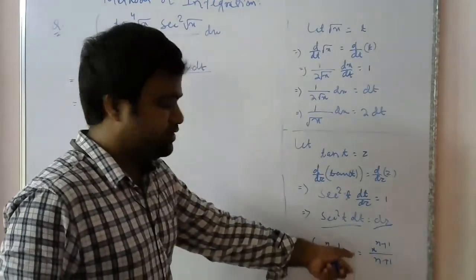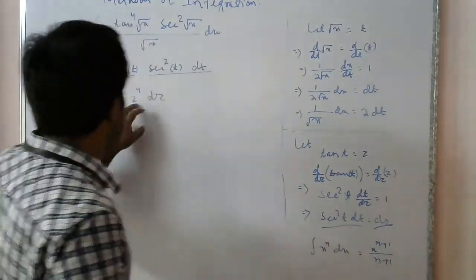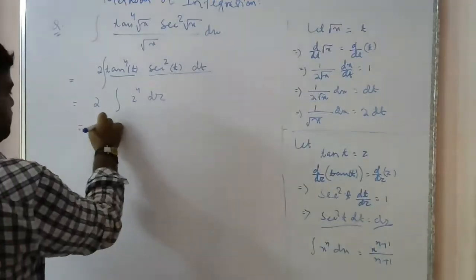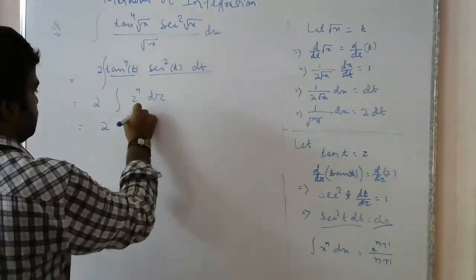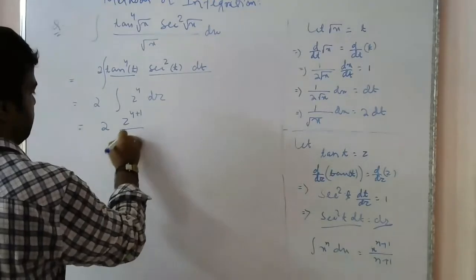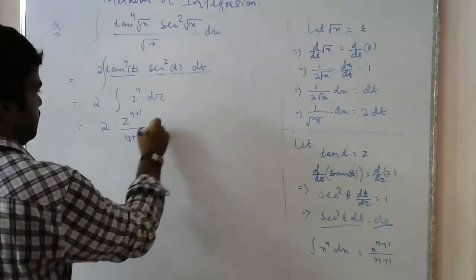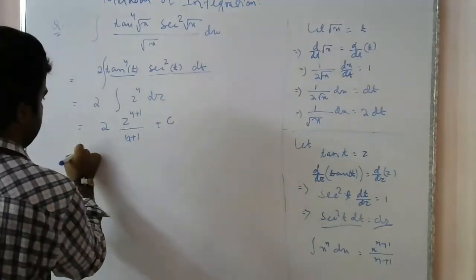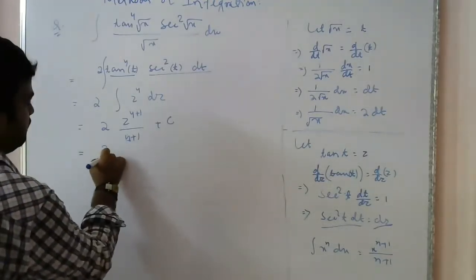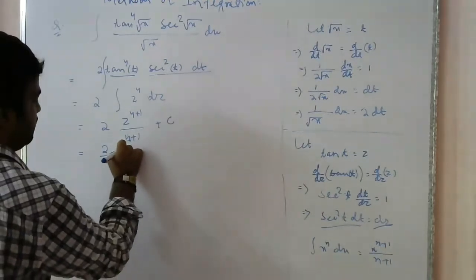Now you can easily write down, that is 2 times z to the power 4 plus 1 by 4 plus 1 plus c. It's the indefinite integral again. So this will be 2 upon 5 z to the power 5.